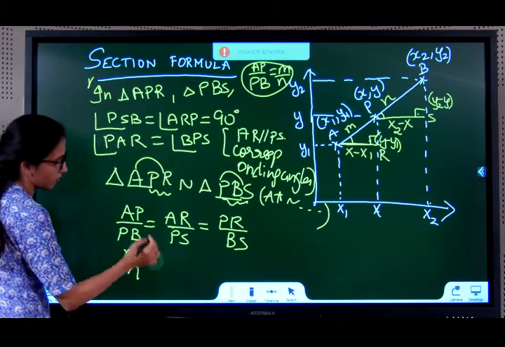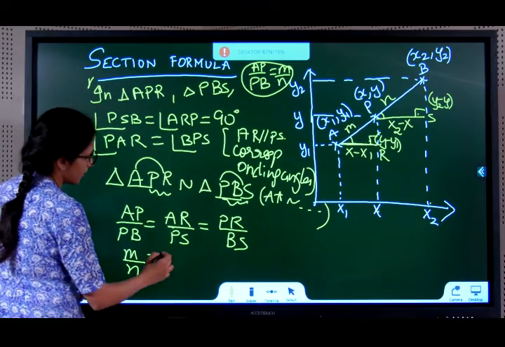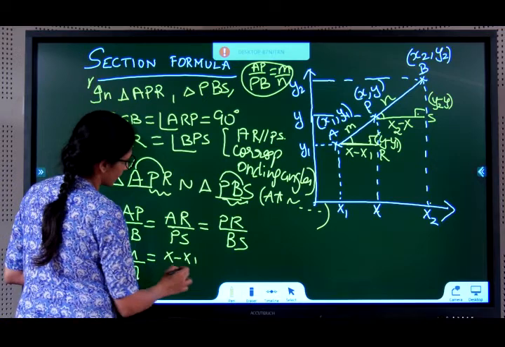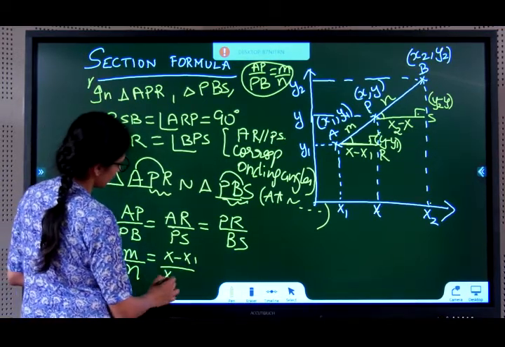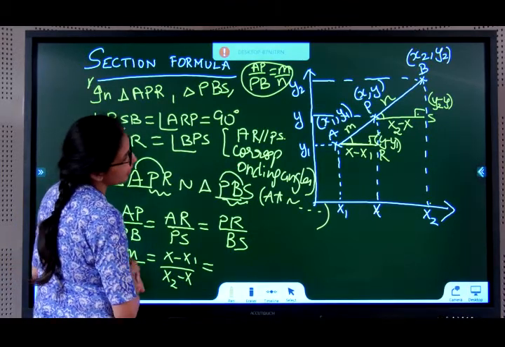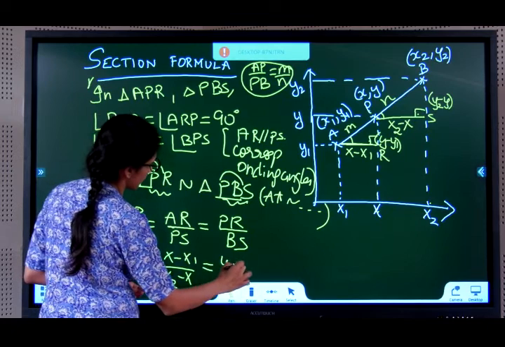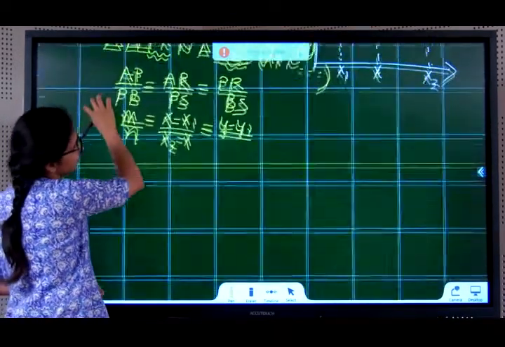How? We have taken that in the starting itself. AR is x minus x1. PS is x2 minus x. PR is y minus y1. BS is y2 minus y.